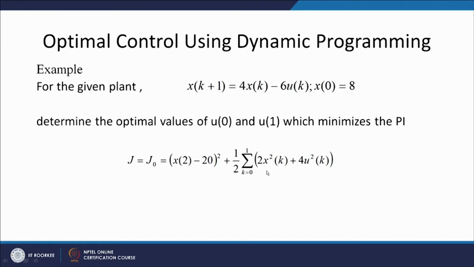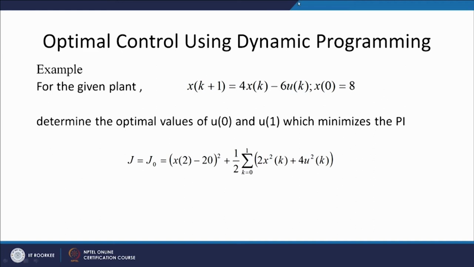So, only 2 steps we will see how it can be solved. For any number of steps, we can then develop an algorithm to solve this. So, we will see how to solve this problem.